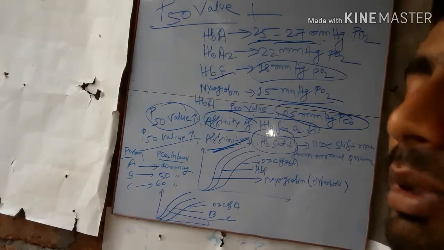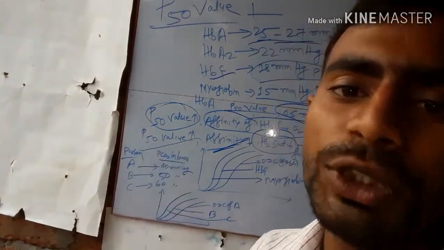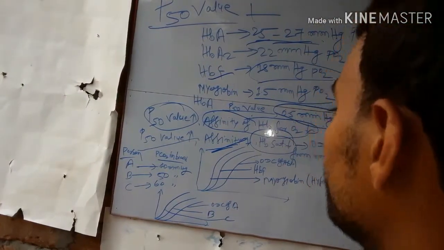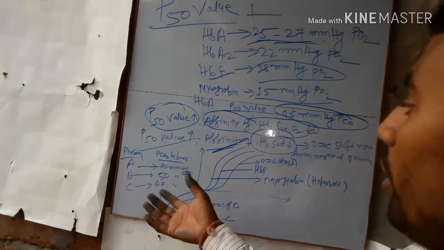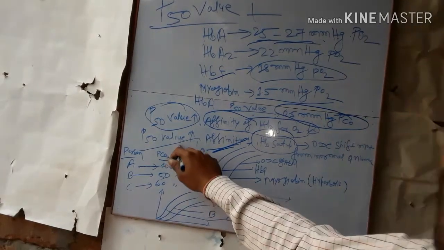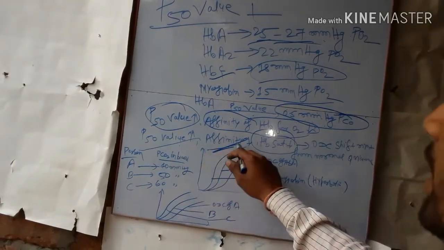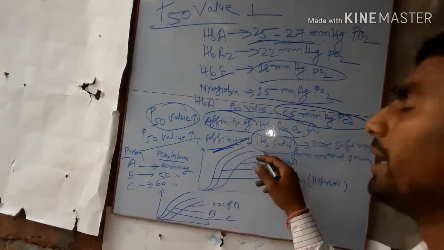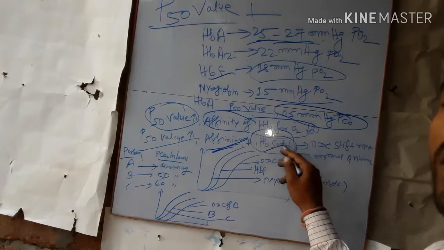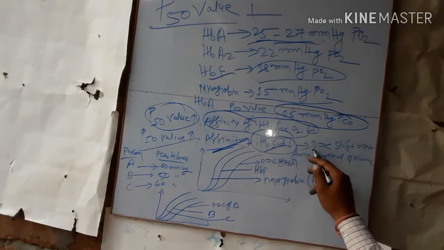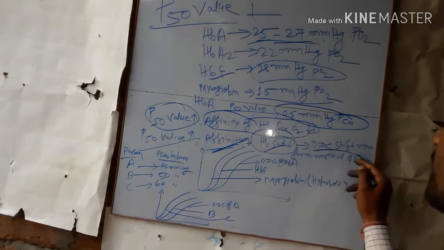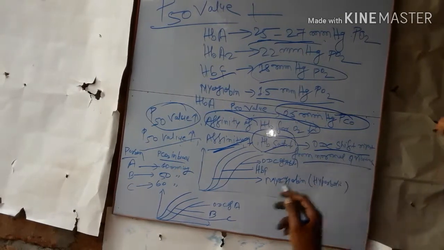This can happen the opposite way. So here, the P50 value increases, then the affinity of hemoglobin for O2 decreases, and hemoglobin saturation also decreases. Then the ODC, oxygen hemoglobin dissociation curve, shifts right from normal.